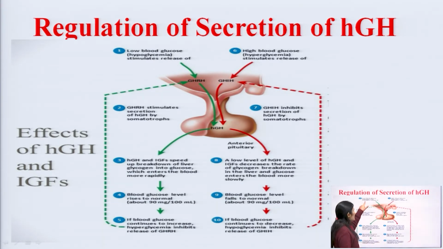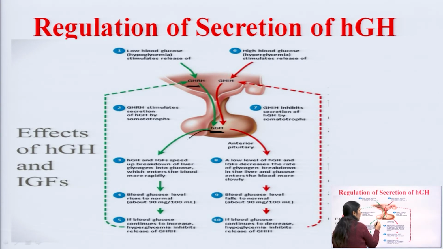As soon as the blood glucose level decreases, that is hypoglycemia, it will stimulate the release of GHRH, growth hormone releasing hormone, from the hypothalamus. This GHRH will stimulate the release of human growth hormone from the somatotrophs of the anterior pituitary.